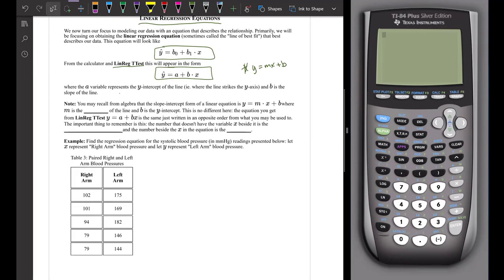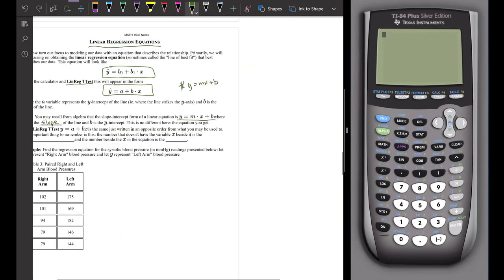So if you remember from algebra class, the m, when you look at that kind of equation, represents the slope of your line. So basically, how you rise and how you run, how your line changes for one unit of x, and then y. And then the b is your y-intercept, basically where your line strikes the y-axis.